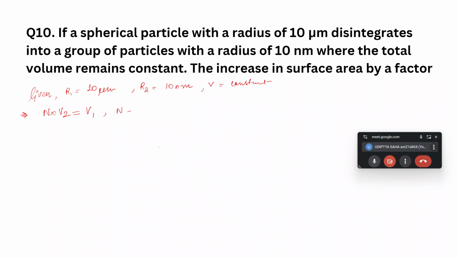So from there, n equals v1 by v2. When we do that, n is 4 by 3 pi r1 cube divided by 4 by 3 pi r2 cube, so r1 cube divided by r2 cube.